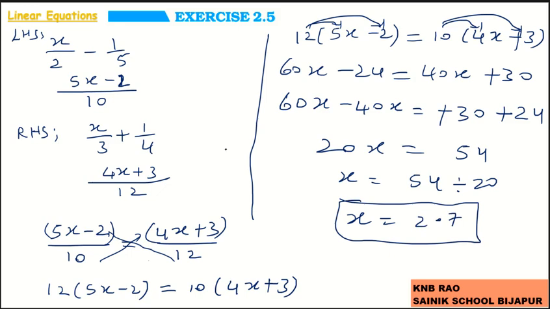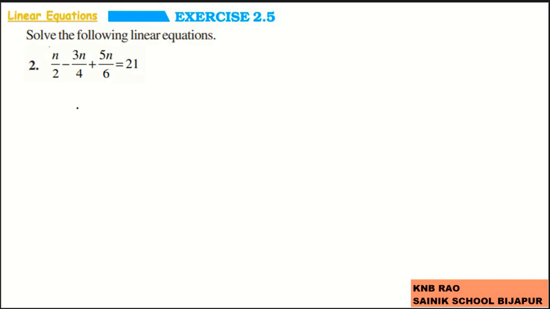This way also we can solve. Now coming to question number 2, here I have got on the left hand side variable terms with different denominators. So what I will do, I will take the LCM of them. What is the LCM of them? For 2, 4, 6, 12 is the LCM.